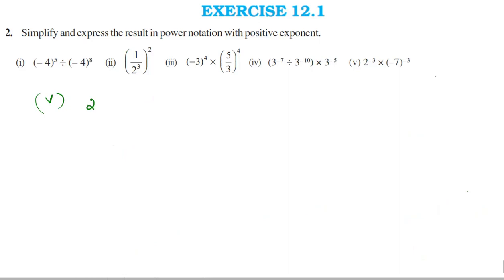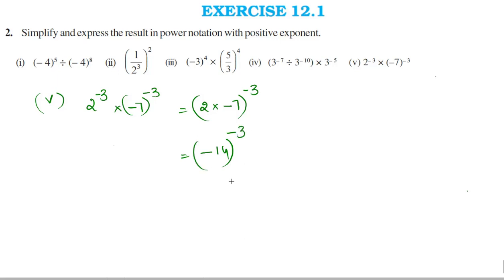Fifth one, 2 to the power of negative 3 into negative 7 whole to the power of negative 3. If you observe the exponents, both are minus 3 and minus 3. So we can write combinedly 2 into minus 7 whole to the power of minus 3. So this is equal to 2 into minus 7, which is minus 14, so minus 14 whole to the power of minus 3.